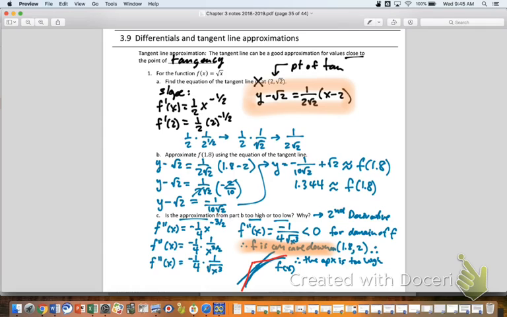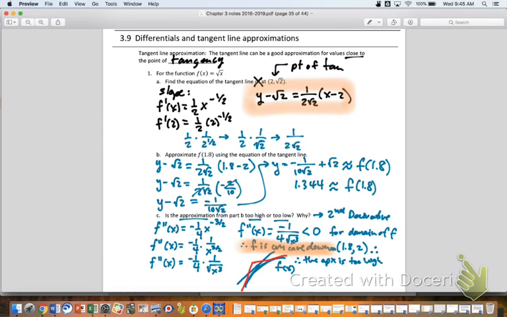So this would be y equals f of x right here. And you can see how, by the graph, that's always concave down, right? So 1.8 would be right there. 2 would maybe be right there. So I use my tangent line approximation. My tangent line would look like that roughly. So can you see how the tangent line is always a little bit above the curvy graph?